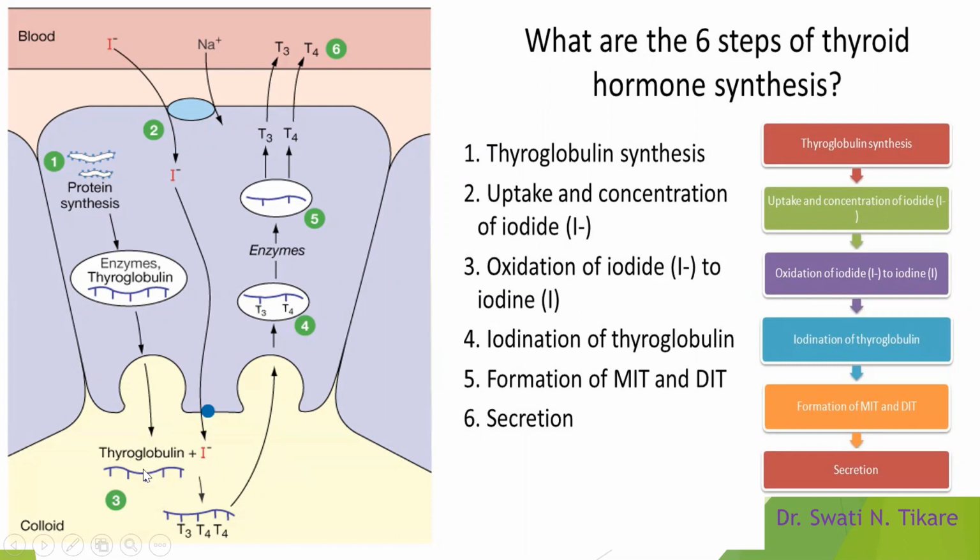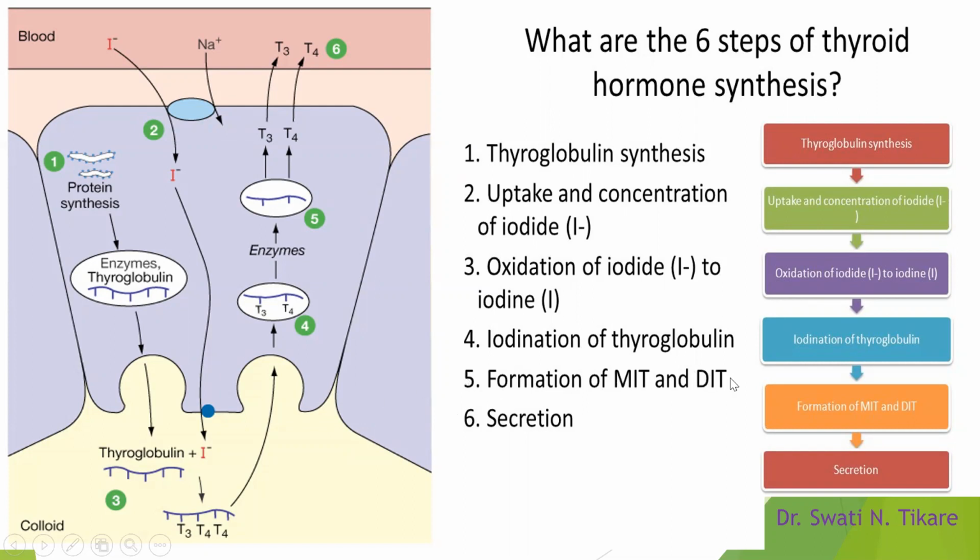Once it becomes iodinated, it forms two structures. First, if it is iodinated at one place, it forms monoiodothyronine, MIT. It doesn't stand for Mastitis Institute. It stands for monoiodothyronine. And when it is iodinated at two places, it forms diiodothyronine.